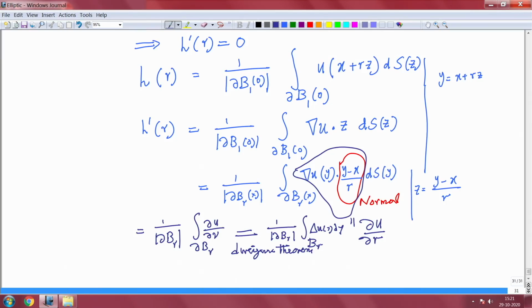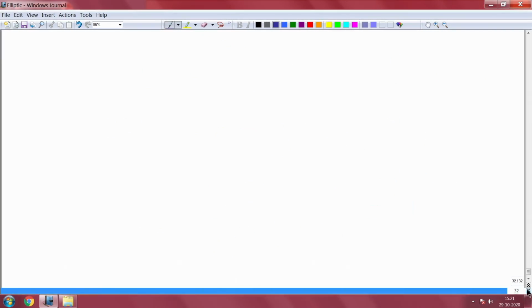So, what did you get now? You already know this is 0, that is, u prime of r. So that implies the integral of Laplacian of u of y dy over a ball of radius r around x is equal to 0.